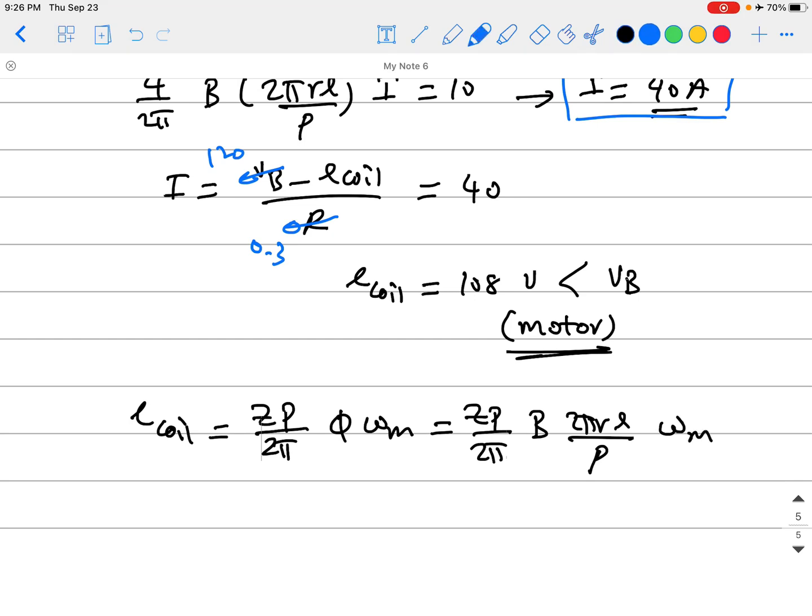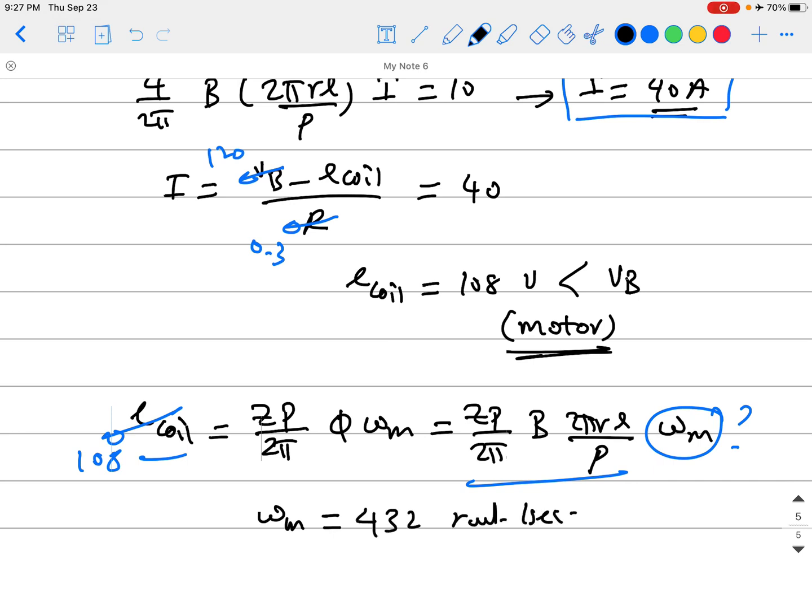Everything is known in all these, okay? And you know E coil, 108, like we calculated before, so the only unknown here is omega, so we can find the speed: omega equals 432 radians per second.